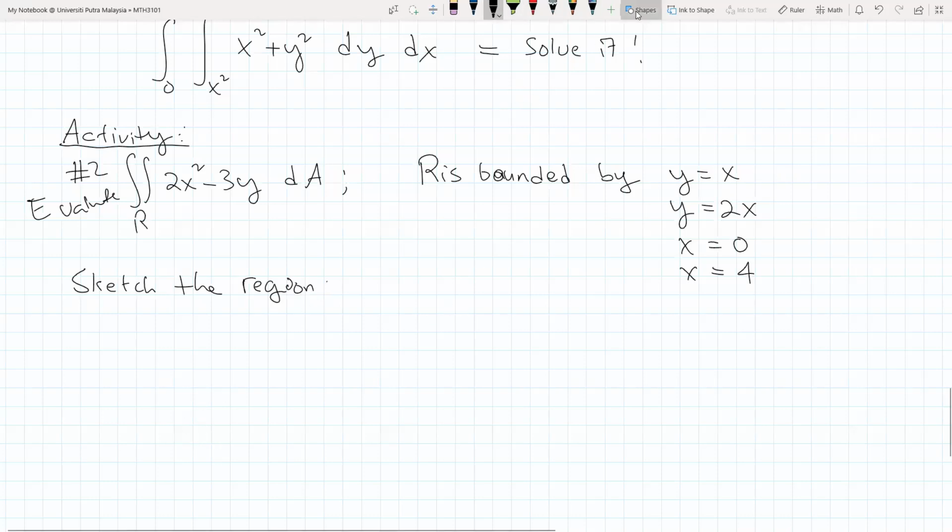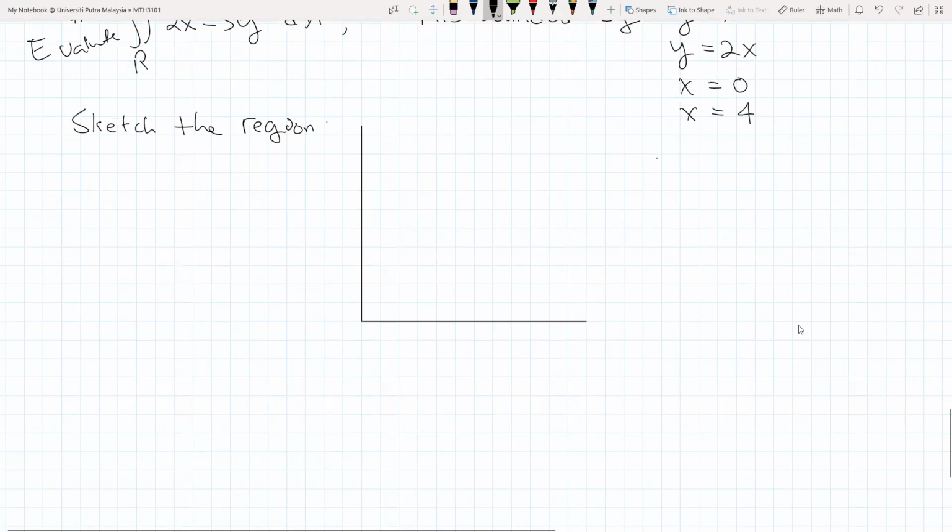Okay, if we look here, sketch the region. X equals to 0, we choose the easiest first. X equals to 0, and then x equals to 4. So this is already given. This is constant.